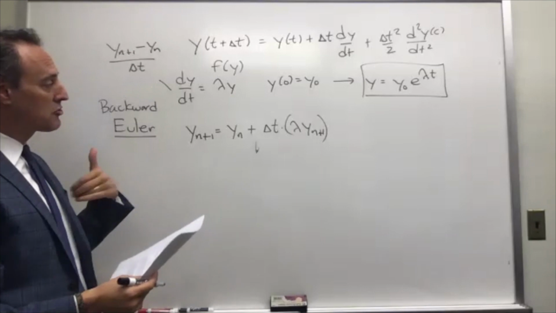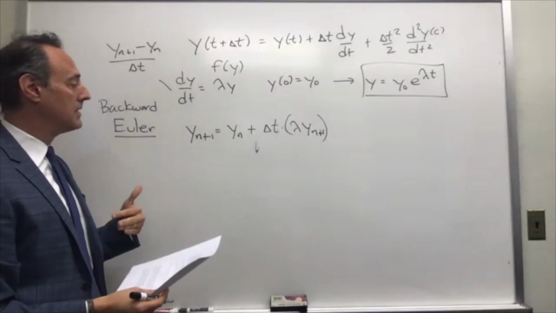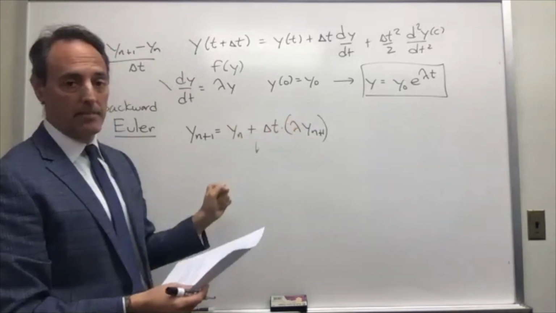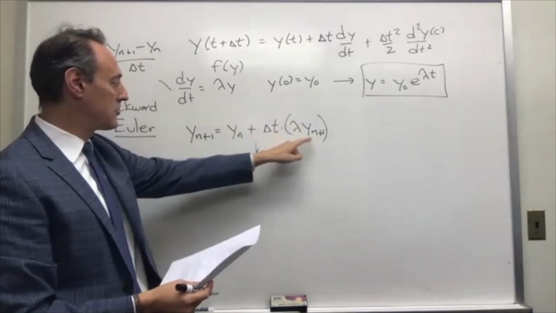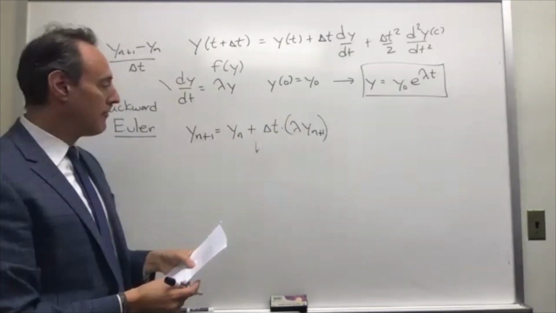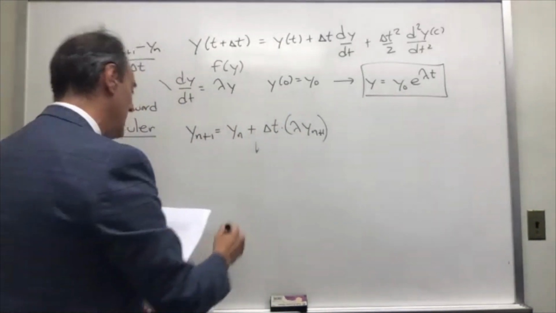But notice the tremendous difference in what happens. Before, this was y of n and y of n, so I could take it out and combine them. But now I have y of n plus 1, and my other y of n plus 1 is here. If I just do the algebra, it sets up a scheme.